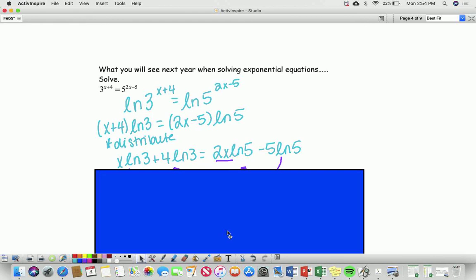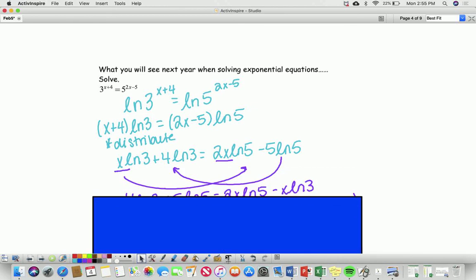Now, notice how I have x ln 3 plus 4 ln 3 equals 2x ln 5 minus 5 ln 5. Like, it's cool, ln, same number, great, but we still want, just like any other equation, all the x's on one side and all the numbers on the other side. So I'm going to move stuff around.